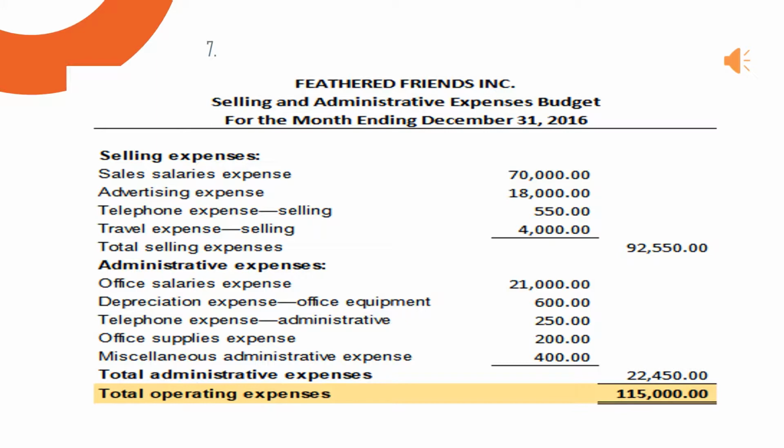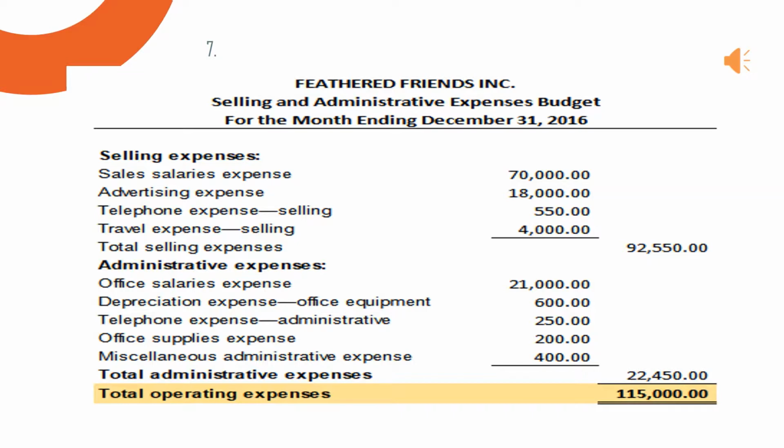We have telephone expense for selling of $550, and we also have travel expense of $4,000. That would give us a total selling expense of $92,550.